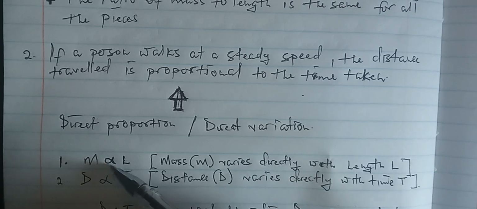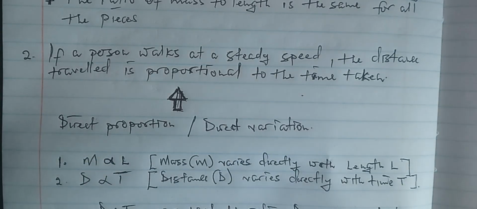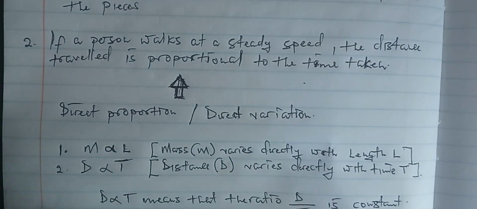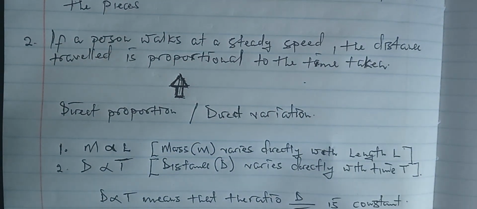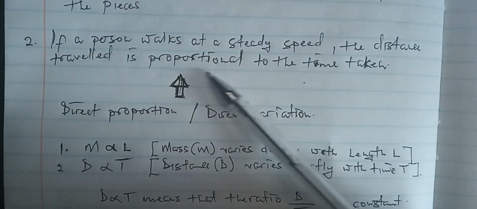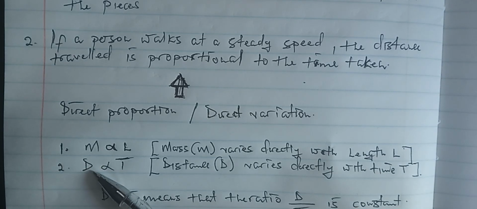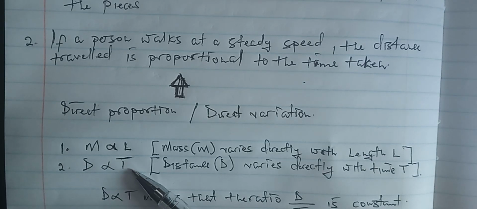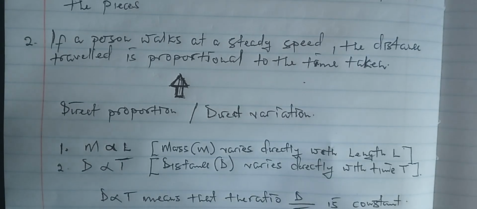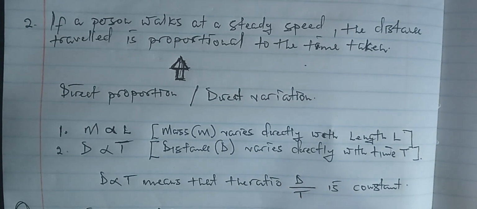This sign here simply means varies with. And if we look at example number 2, whereby a person walks at a steady speed, the distance traveled is proportional to the time taken. So this simply means distance varies directly with the time taken. This is the example of what we call direct variation.